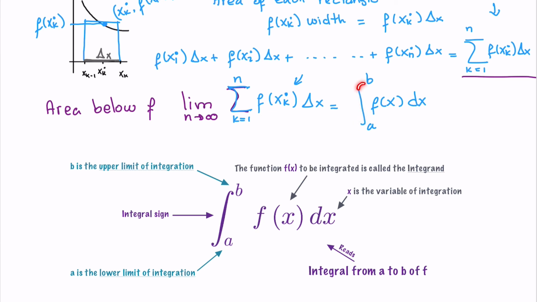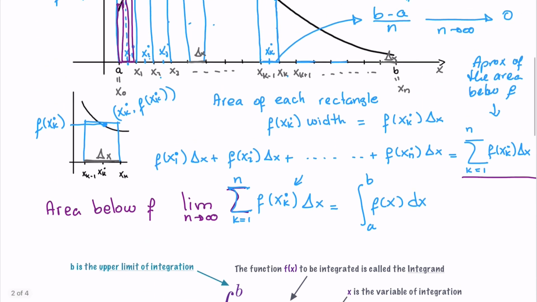So this is an infinite sum, basically, that you get by adding n areas and then taking the limit as Δx approaches 0. So this reads the integral from a to b of the function.